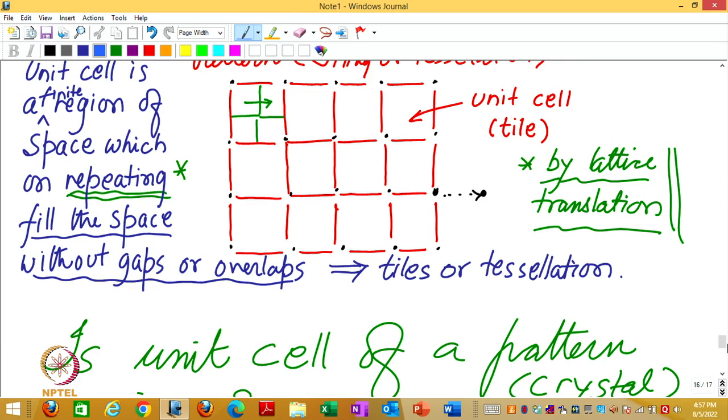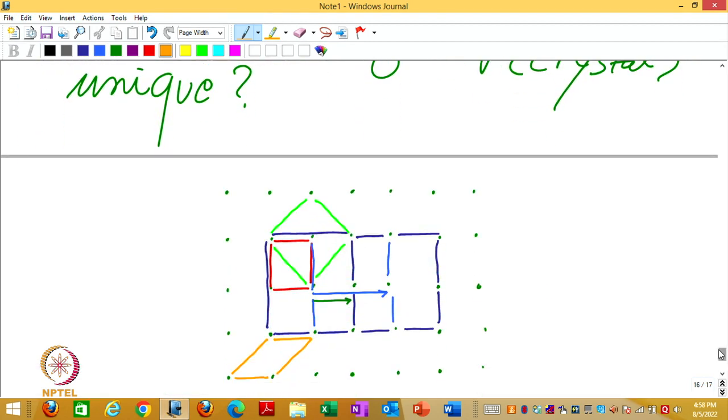So, a subset, let us accept that, to accommodate the bigger unit cell we want to be biased towards it. So, we changed the rule to: all or a subset of lattice translations. Okay. So, the blue one will qualify by a subset of translations.